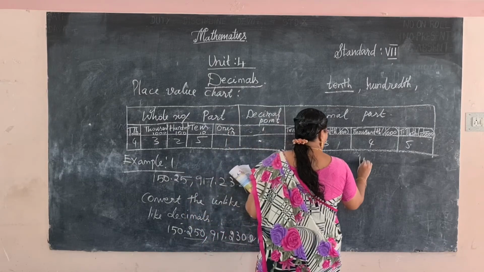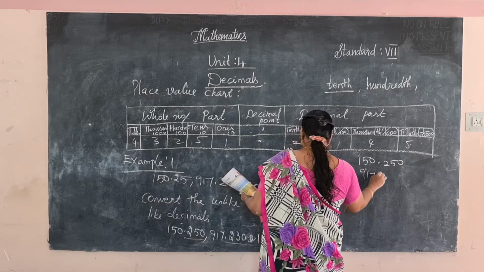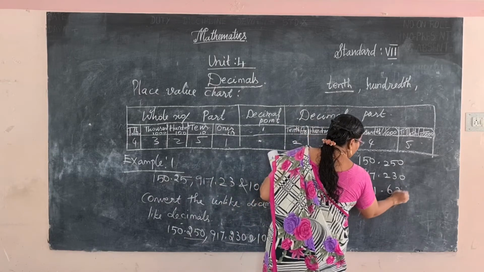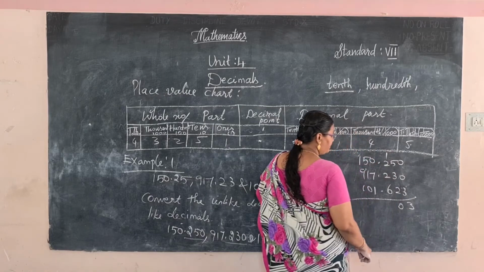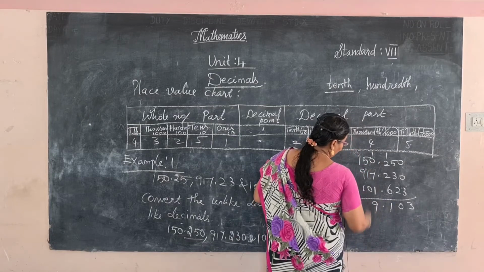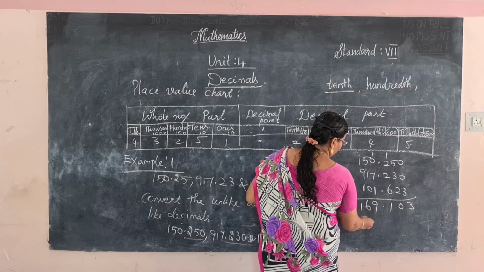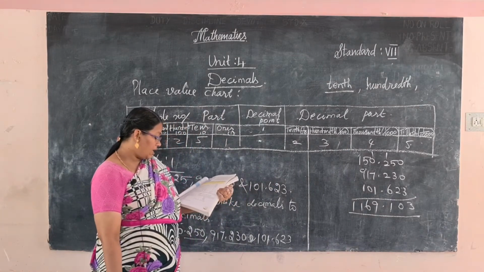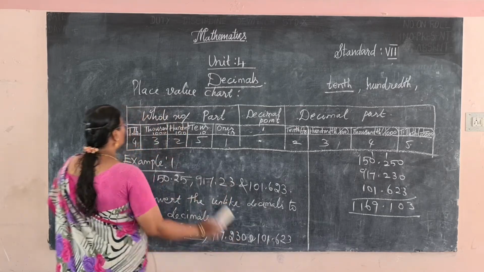Now we can add 150.250, 917.230 and 101.623. So the answer is 1169.103.